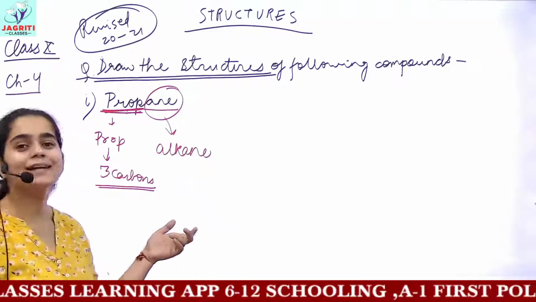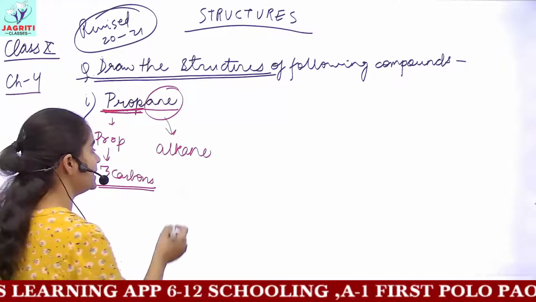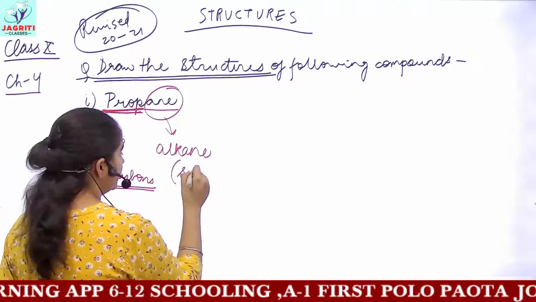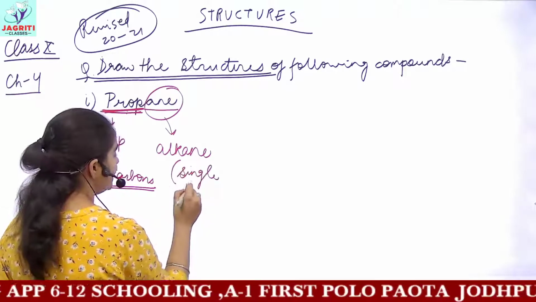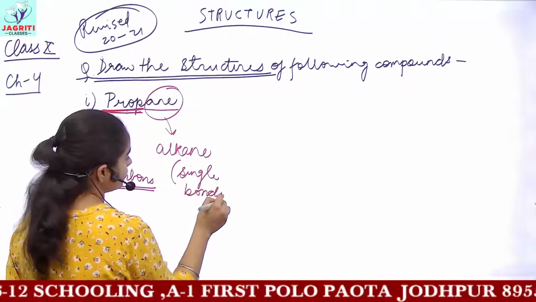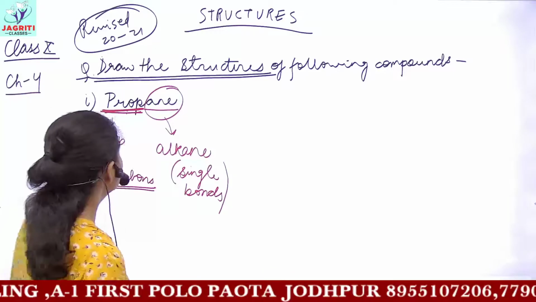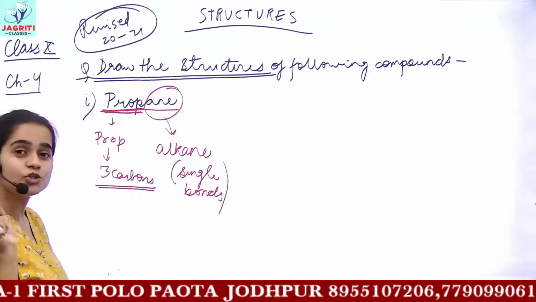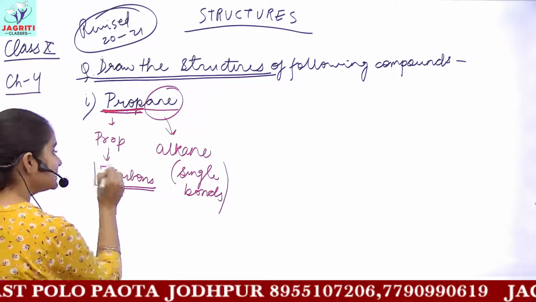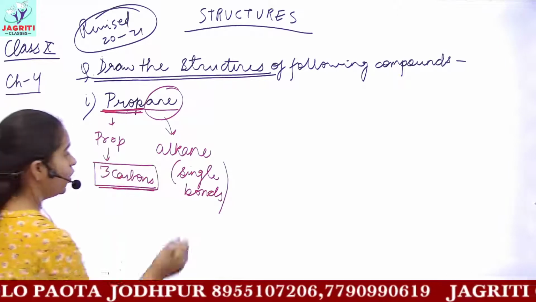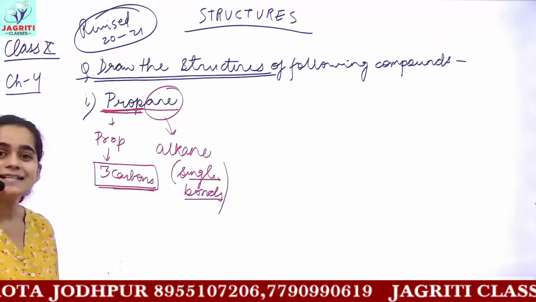And we have already discussed what you mean by alkane. Alkane means in our structure only single bonds would be present. We will not have any kind of double or triple bonds. So propane means you have to draw a structure which contains 3 carbons and all the carbons would be joined by single bonds.